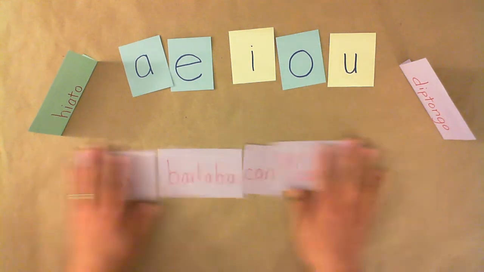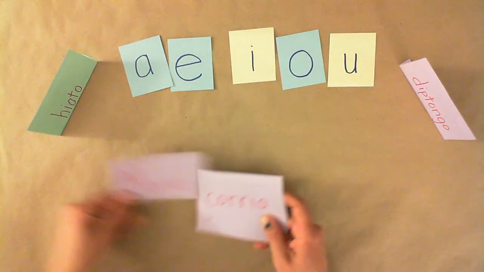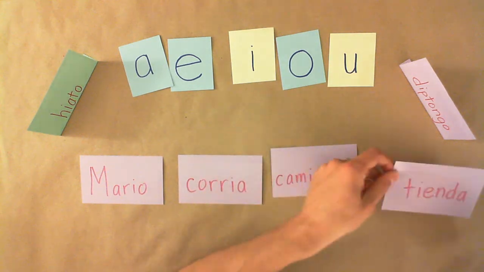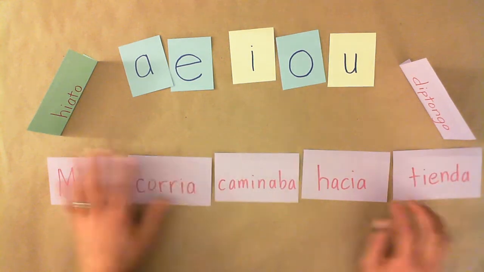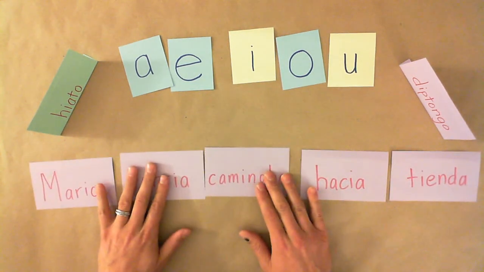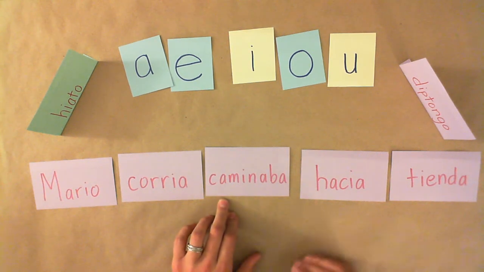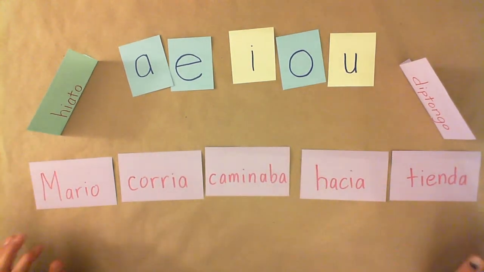Okay, let's try another one. This is Mario corría y caminaba hacia la tienda. I'm missing some shorter words, but these are the words I want you to look at.